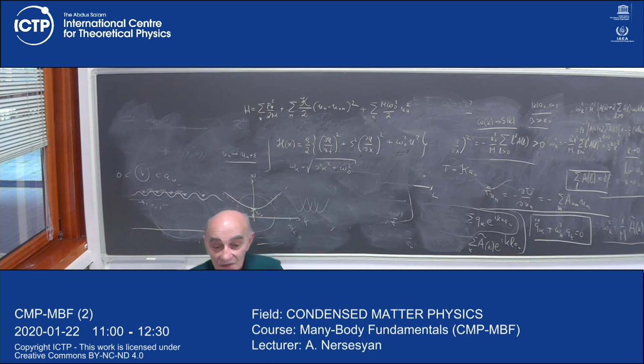This is the starting point when we derive the Hamiltonian like this. We say we have a particle, its momentum is Pn. We have a particle, its coordinate is Xn. What do we mean we have a particle? We assume that we have a particle. We may not have a particle. If you are in the regime of very low temperatures, you have waves, I'm sorry, you have collective excitations. There are no particles whatsoever.